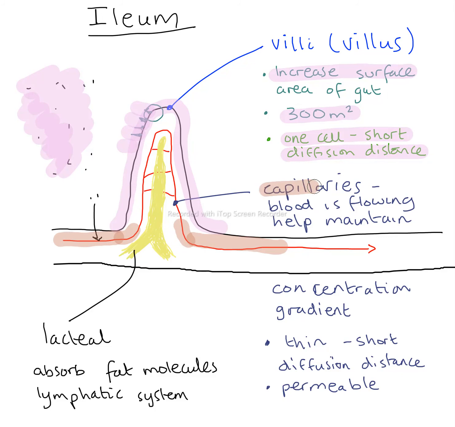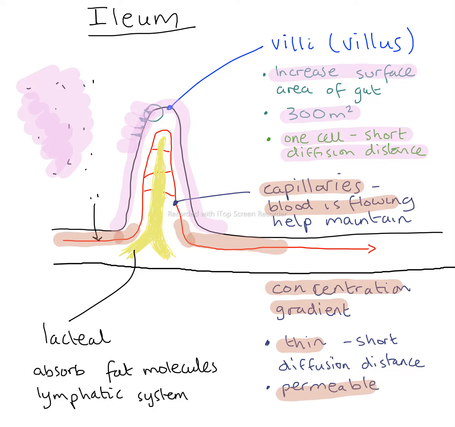So the capillaries maintain a blood flow which helps maintain the concentration gradient for diffusion. They're also thin, which makes a short diffusion distance, and they're also permeable. Permeable just means that they allow stuff through.